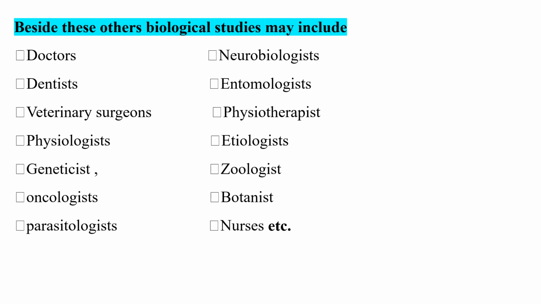besides these other biological studies, biology may include a lot of branches and different areas. These may be medical doctors, dentists who study teeth, veterinary surgeons who study animals, physiologists who study the physiology of animals and humans, geneticists, oncologists, parasitologists, neurobiologists, a branch of biology that studies the brain, entomologists, a branch of biology that studies insects, physiotherapists who study the physical therapy of human beings, ethologists, zoologists who study animals, botanists, and also nurses, another area of biology.